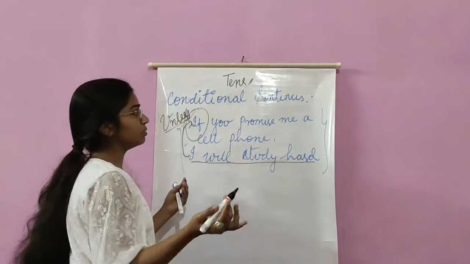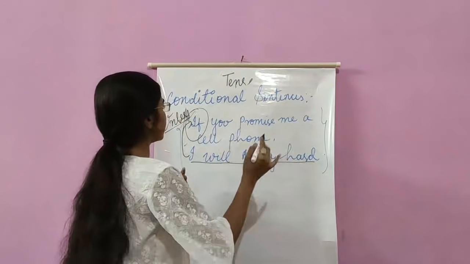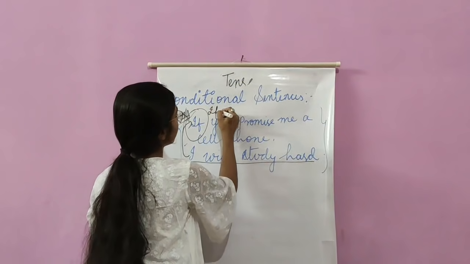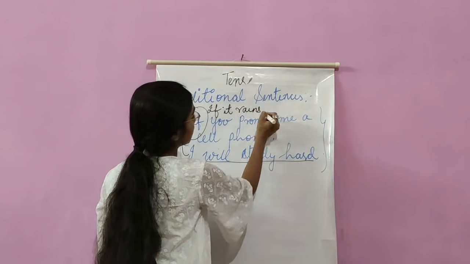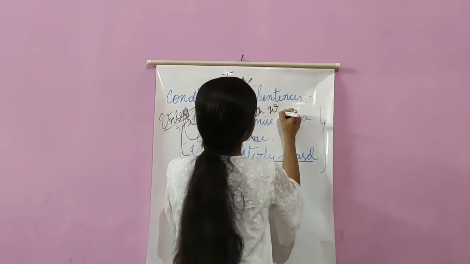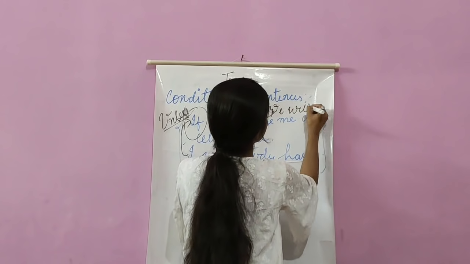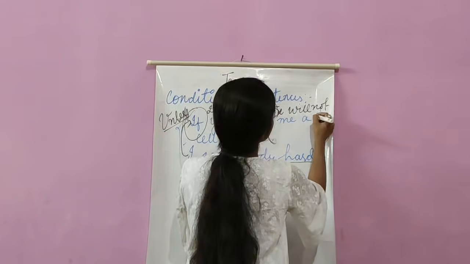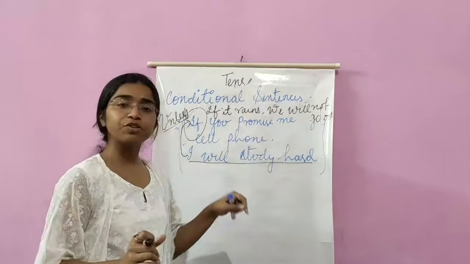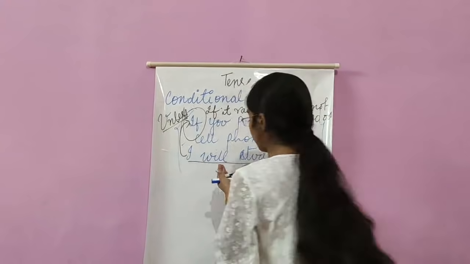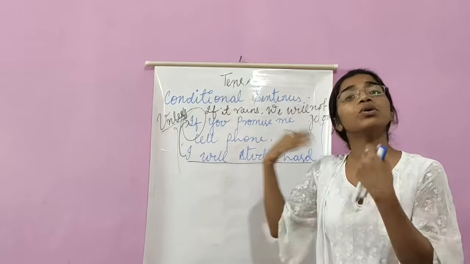Now, there can be another example. If it rains, we will not go out. Okay. Now, what is the sentence over here? We will not go out. So when are you not going to go out?